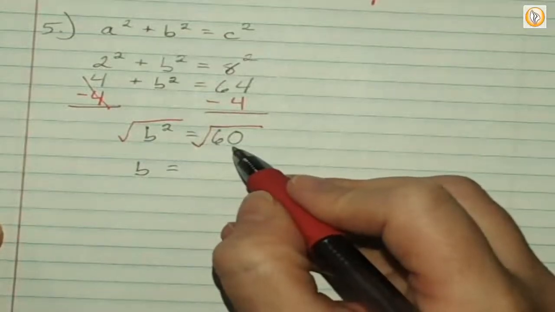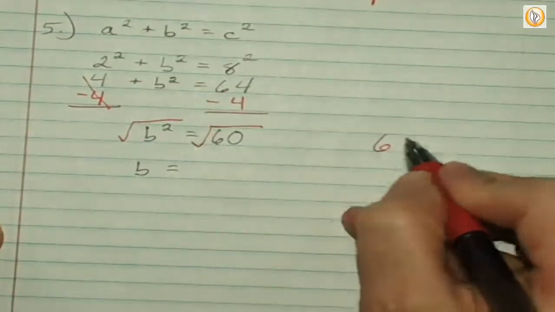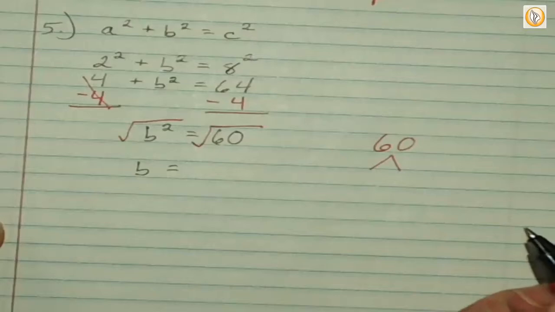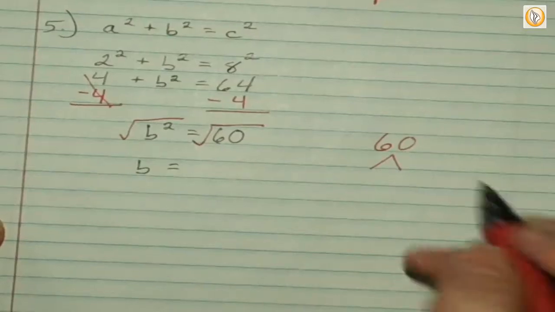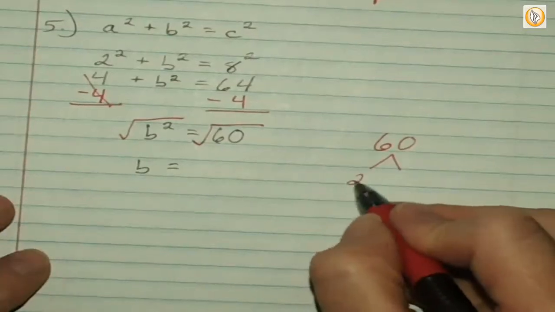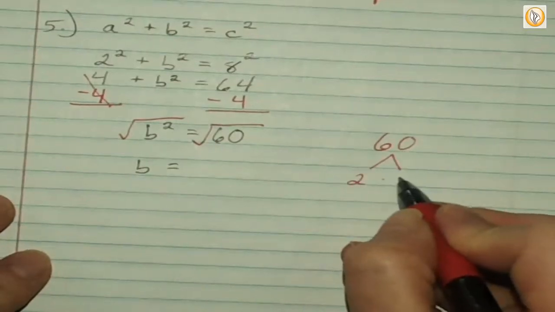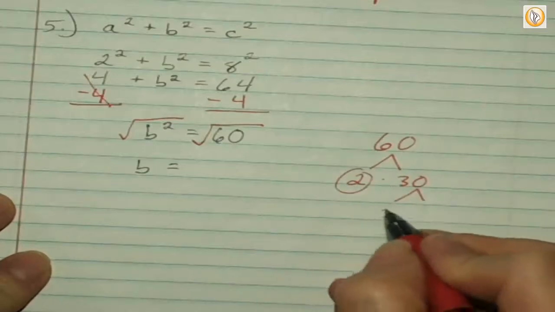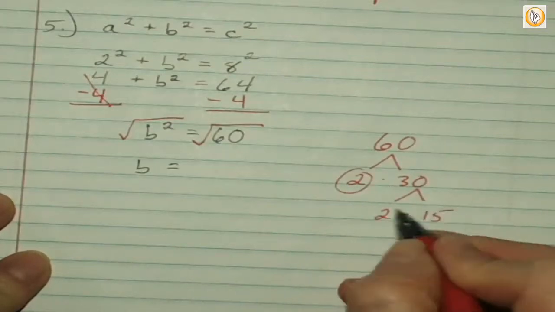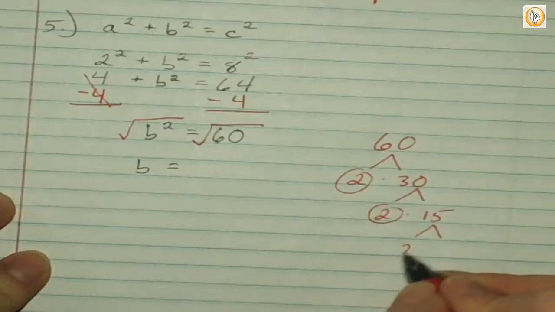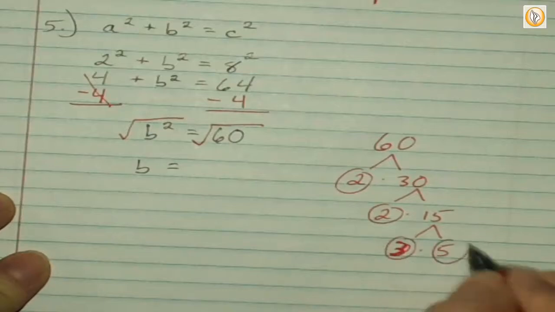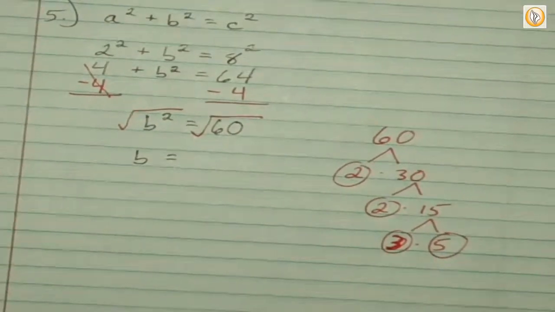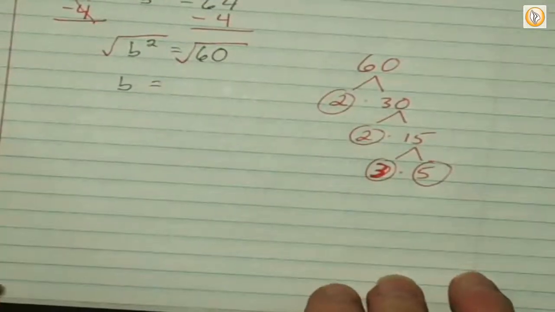Valeria, is this simplified? No. So we're doing a factor tree, boys and girls. To save on time, I'm just doing it for y'all, but you're doing it too, however way you want to do it. 3 times 5. Now I'm writing down my prime factors.